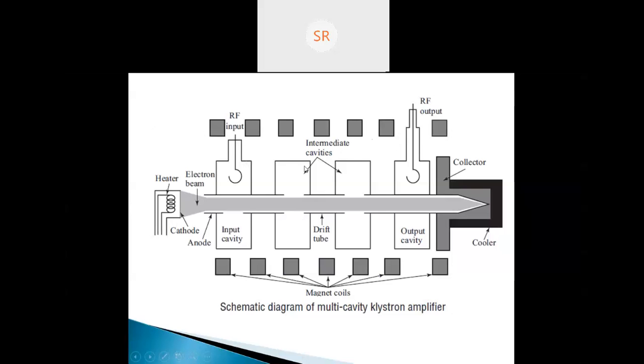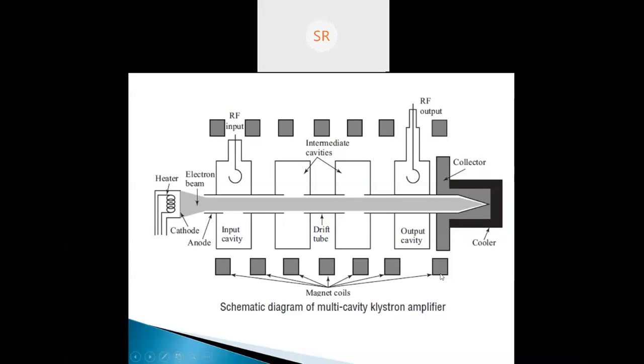Now here this intermediate cavity is used to provide energy to the bunches, and to help in the formation of the bunches. Now this is about the use of this particular intermediate cavity.